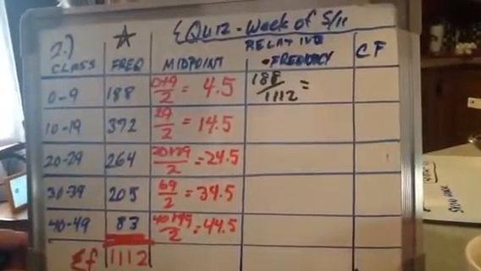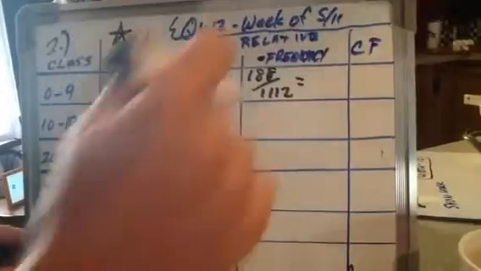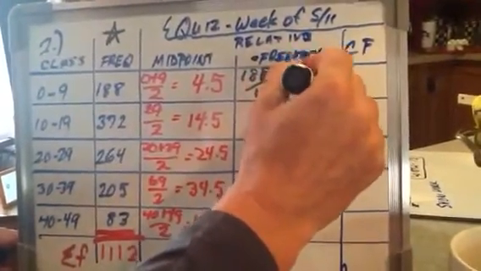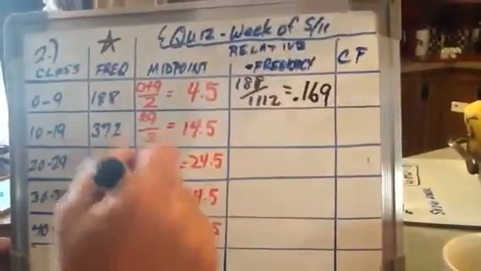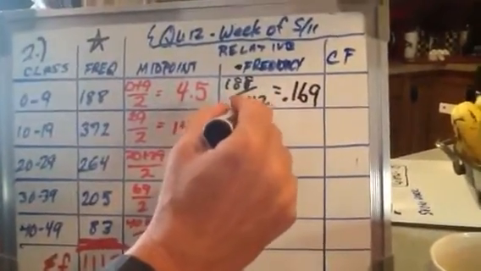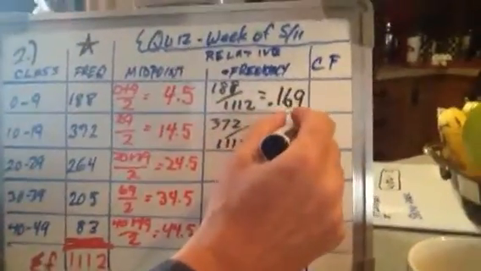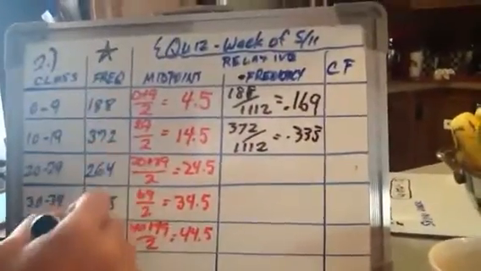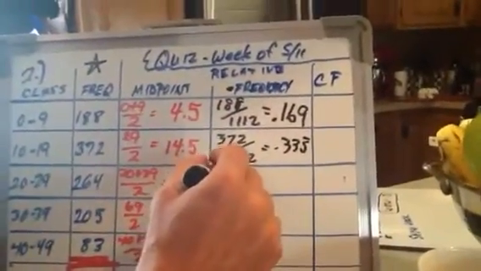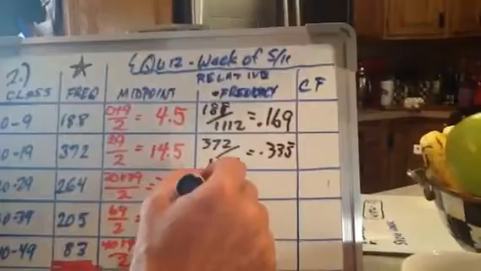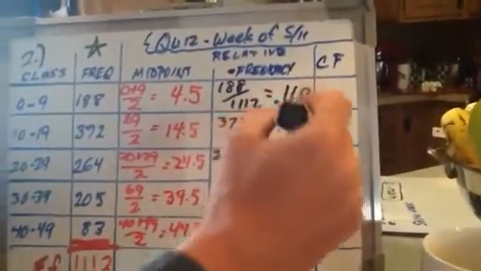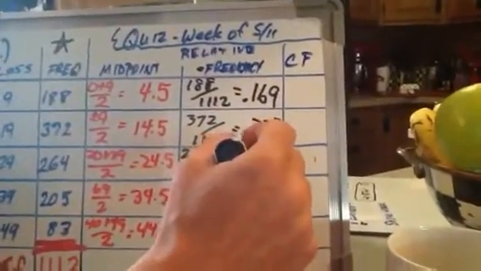Our answer should be 0.169. Next one, 372 divided by 1,112. We get 0.335. 264 divided by 1,112 is 0.237.